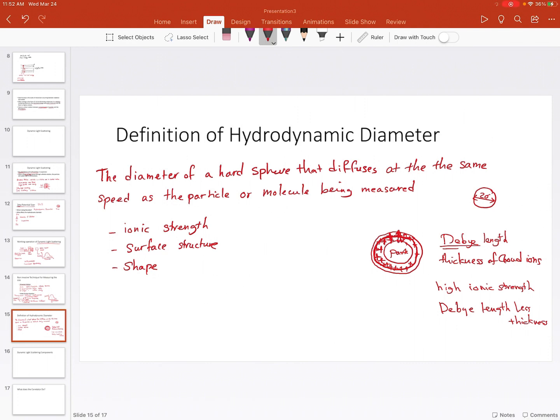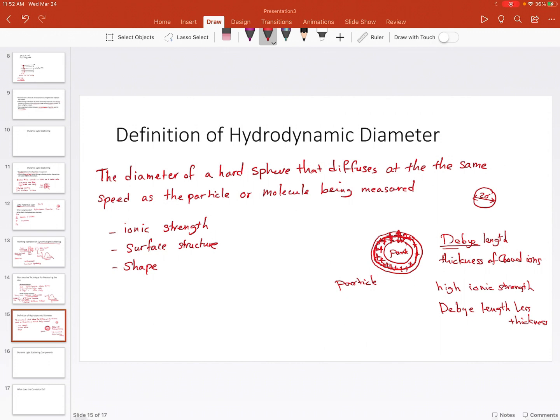But if the ionic strength is less, the Debye length is going to be higher because these molecules are bonded loosely with respect to each other. So as we increase the ionic strength, we are compressing the Debye length, and therefore the size that we get from the dynamic light scattering is going to be less.